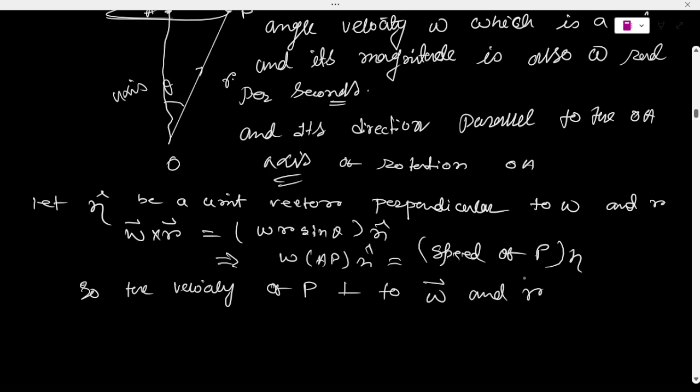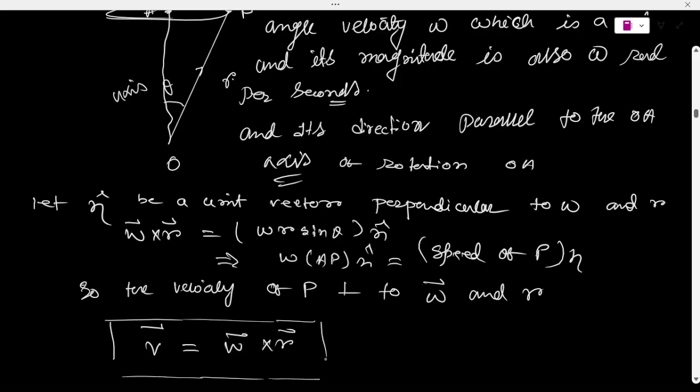Basically v will be omega vector cross r vector. So omega cross r represents the velocity. Is it clear?